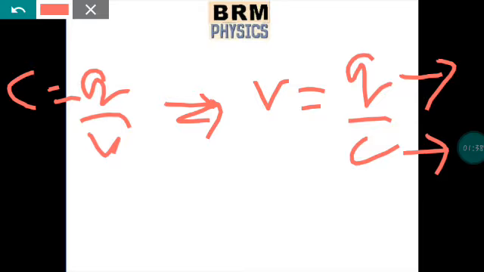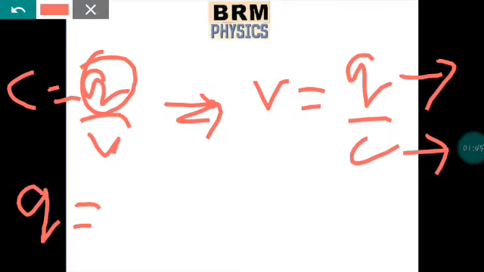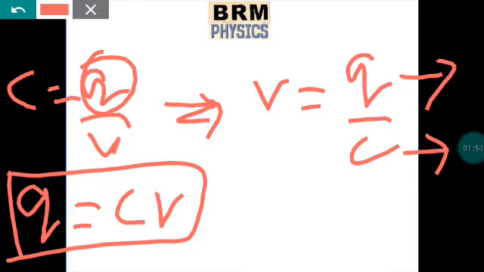From the basic formula, if we want to find Q, it will be C into V. So in place of charge we can write CV. We will put these things in this formula to find common potential.